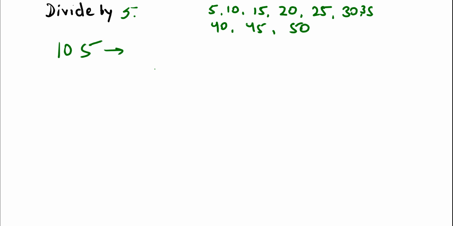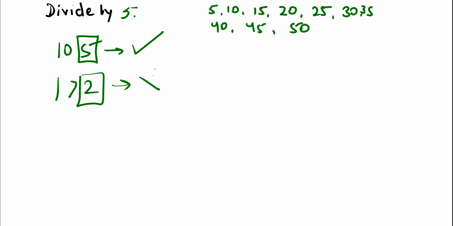It is 5, 10, 15, 20, 25, 30, 35, and so on. Any random number, 105. This number ends in 5, so it would be divisible by 5.